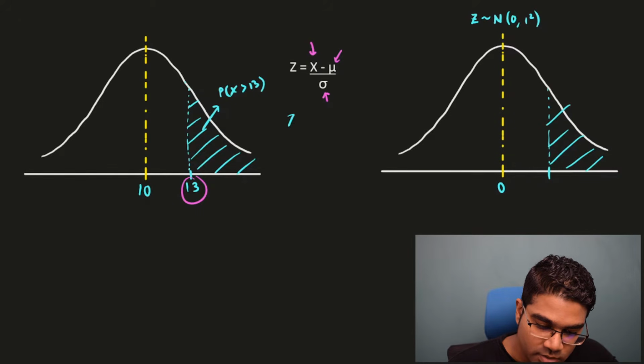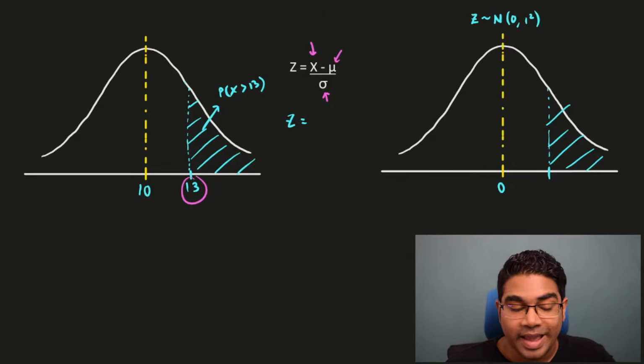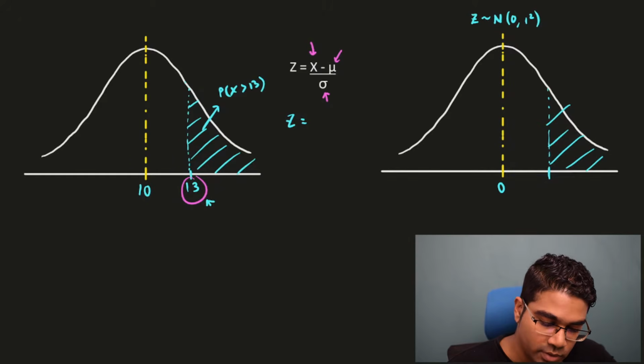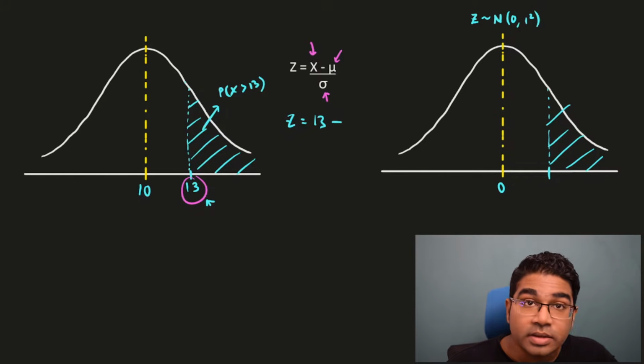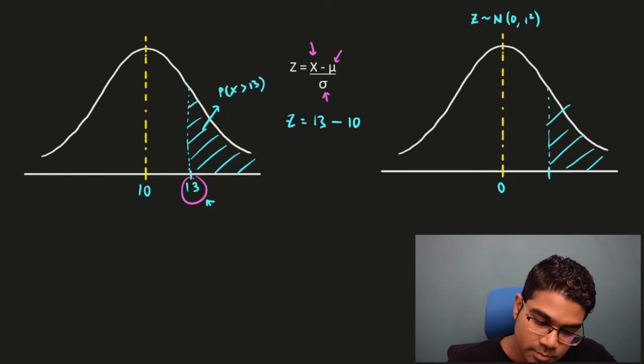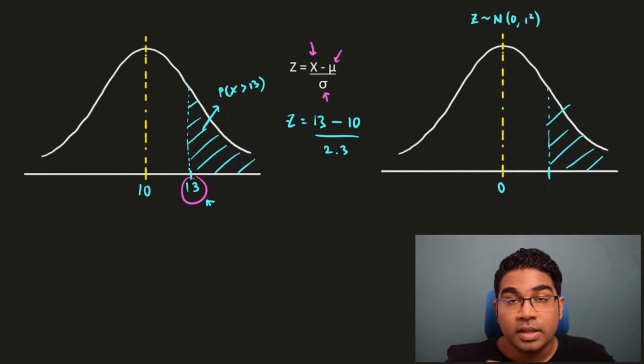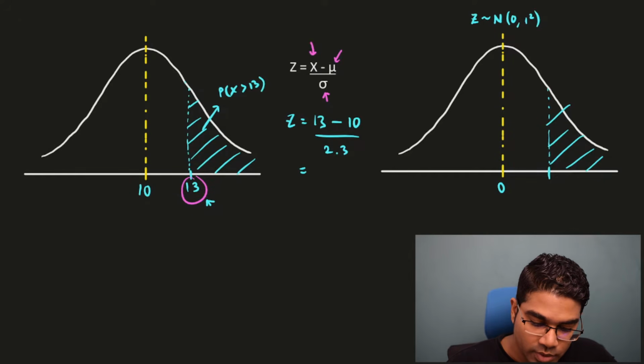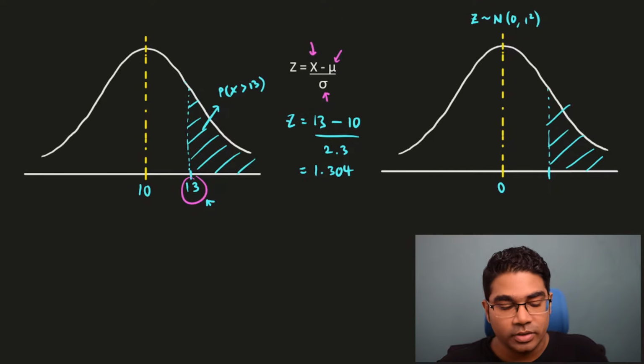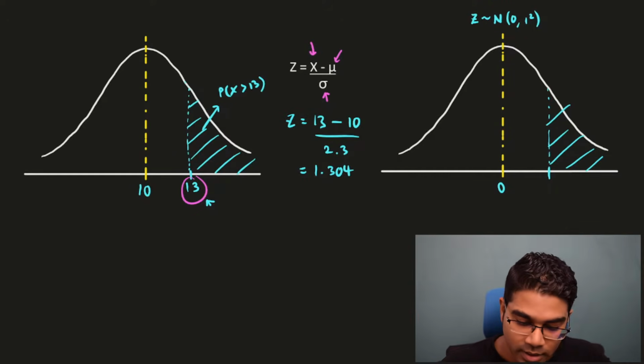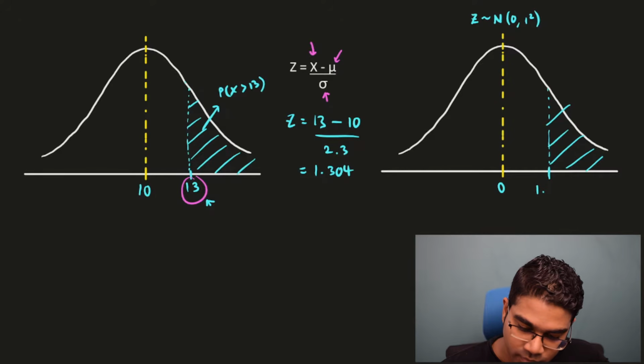The Z score will equal the X value, the value for the variable itself, which is 13, minus the mean, 10, divided by the standard deviation, 2.3. This will give us 1.304. The corresponding Z value for X equals 13 is 1.304.